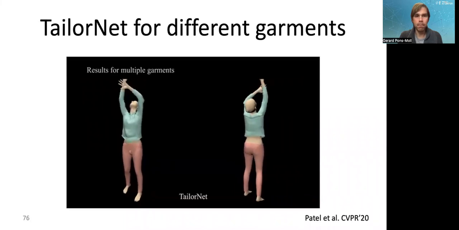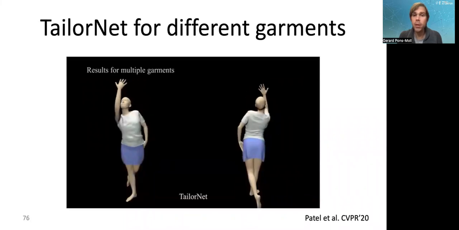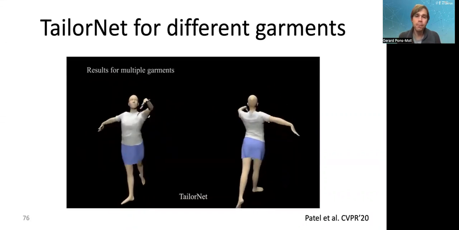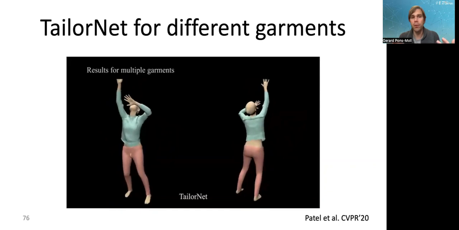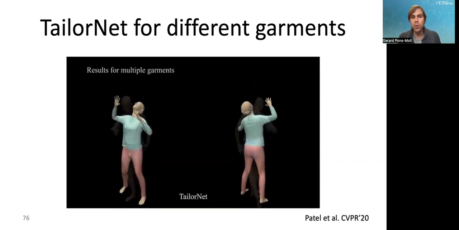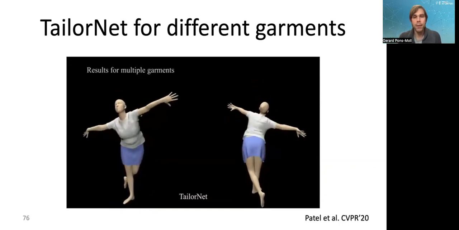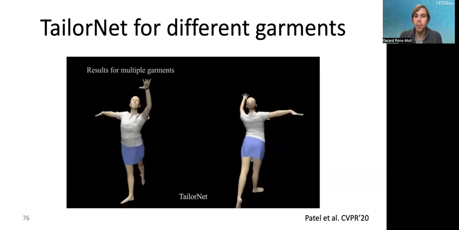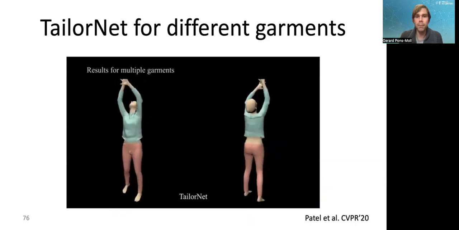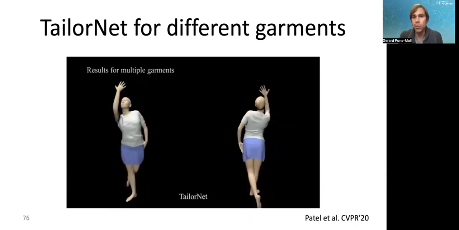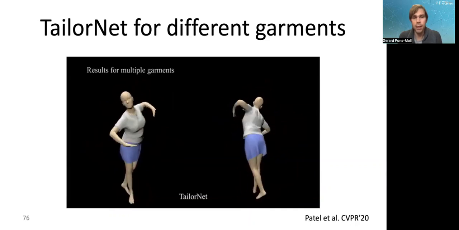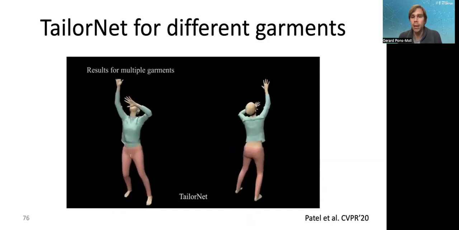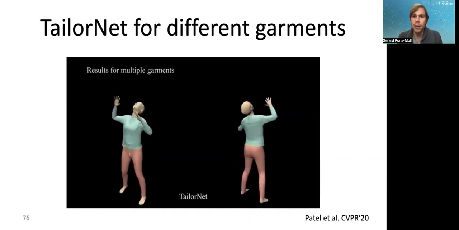And yeah, so this generalizes to different garments. You need to build one of these models for every garment type, so for every garment category. So we had one for skirts, one for long sleeves, one for t-shirts, one for short pants, and one for long pants. And so this is perhaps a disadvantage, that this is not a compact model, but on the other hand, it makes sense to separate these models for every garment because the deformation patterns might be completely different depending on the garment category.